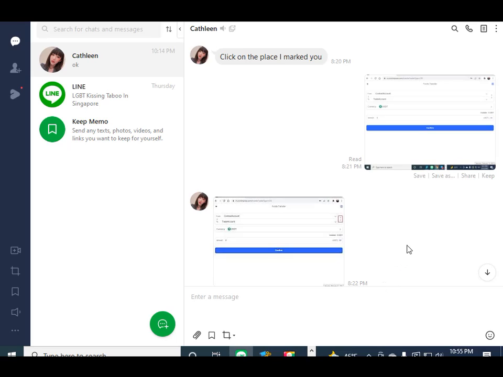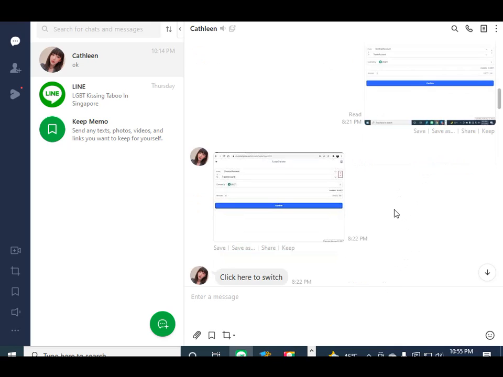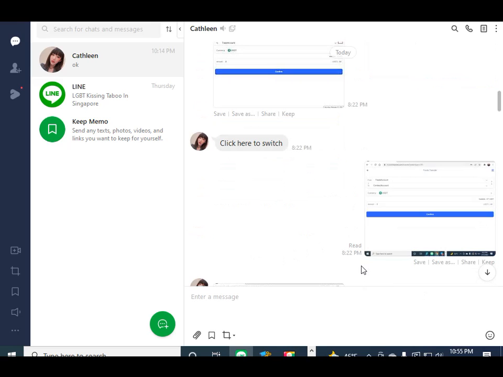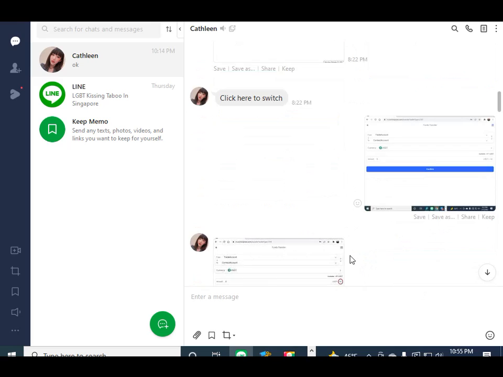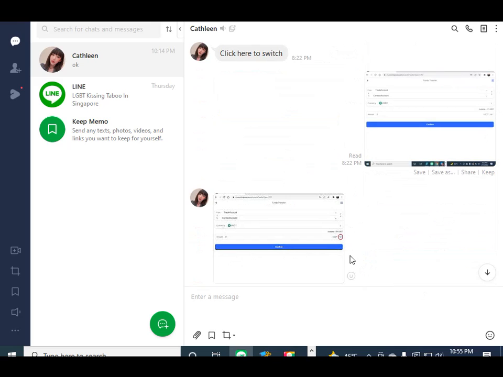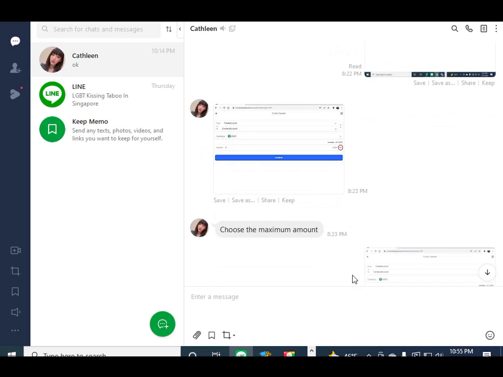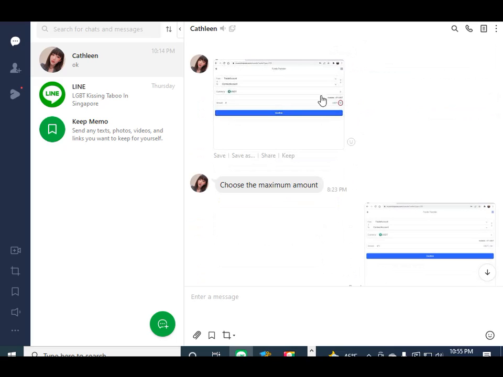Okay, so there we are right there. Click here to switch. Right there. Choose the maximum amount.